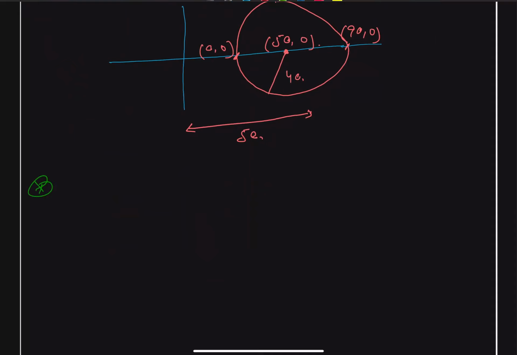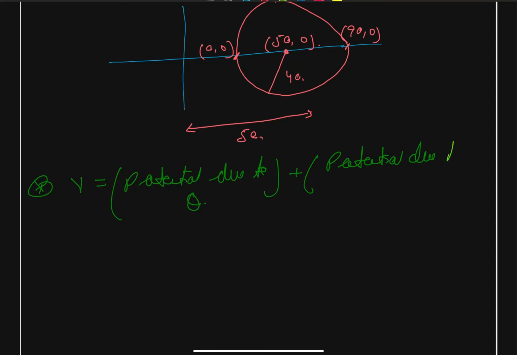So we can say V will be potential due to Q plus potential due to minus 2Q. And we can simply substitute the values.